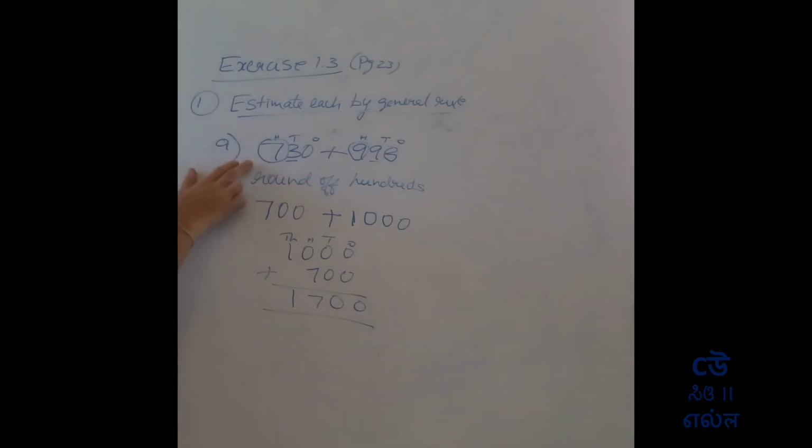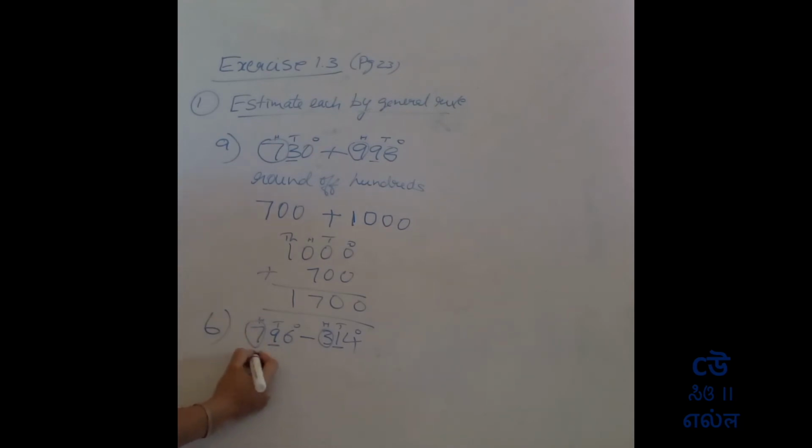Okay, this is how you estimate the number. First you will round off to which place you have to see. Next you have to add. Next, second problem. 796 minus 314. Here we have ones, tens, hundreds. Here also we have ones, tens, hundreds. Then you will round off to the nearest hundreds place.